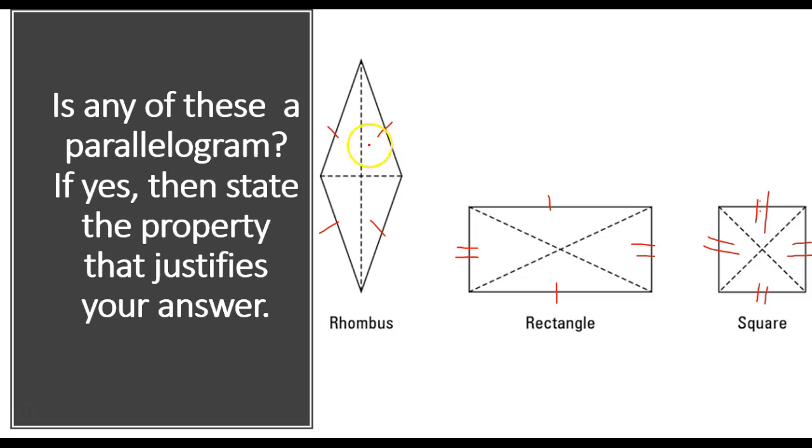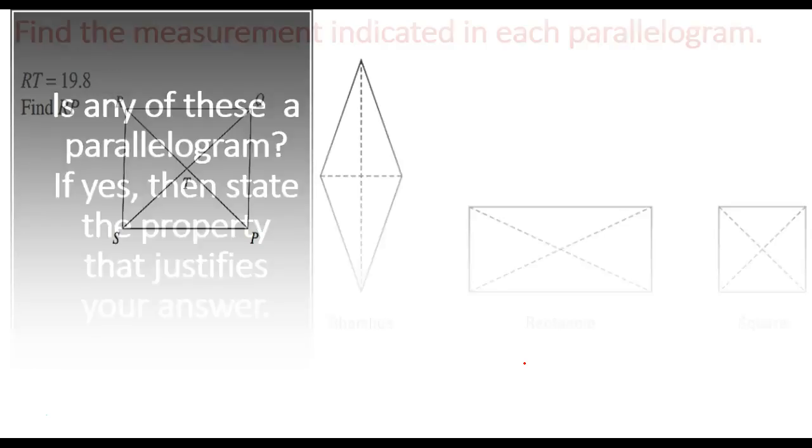If all the sides are equal, that means opposite sides are equal too, and they are parallel. So yes, these three are parallelograms, and they are called special parallelograms. We will take time to look at each one of them later.